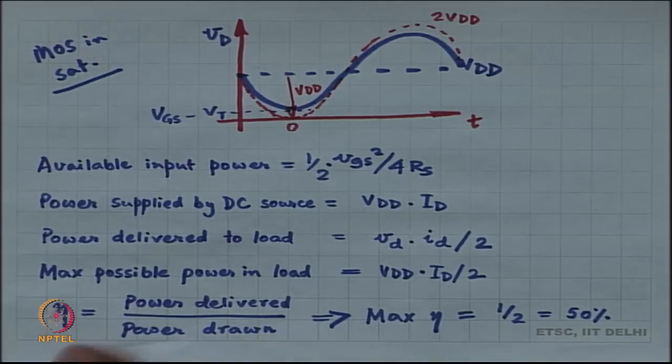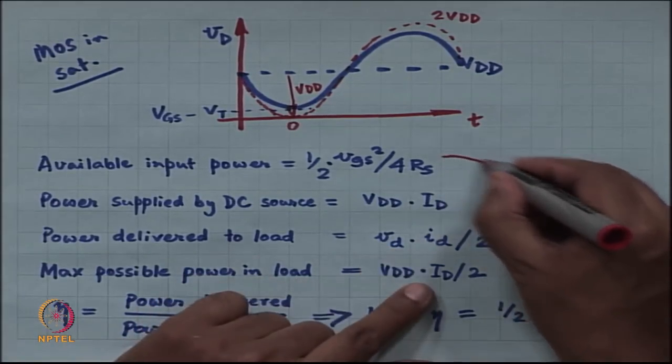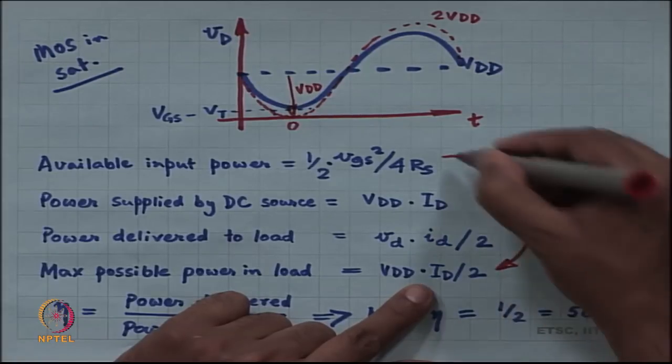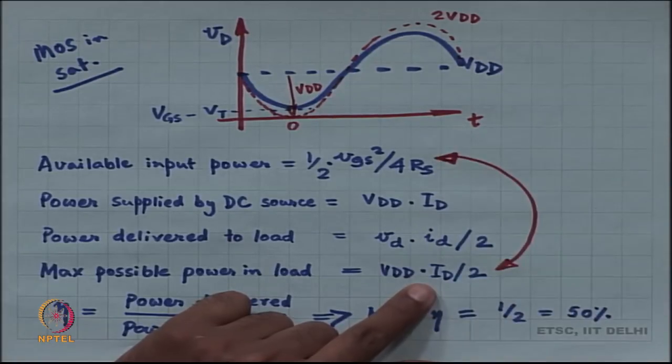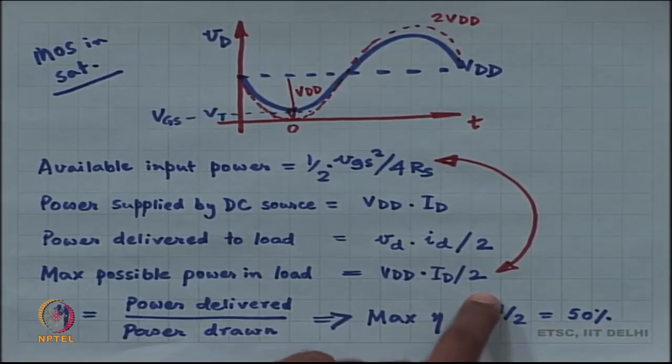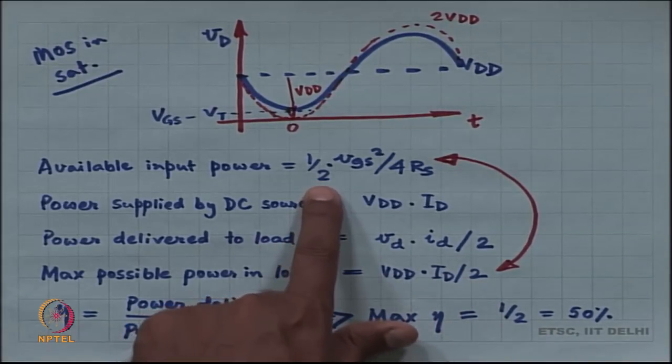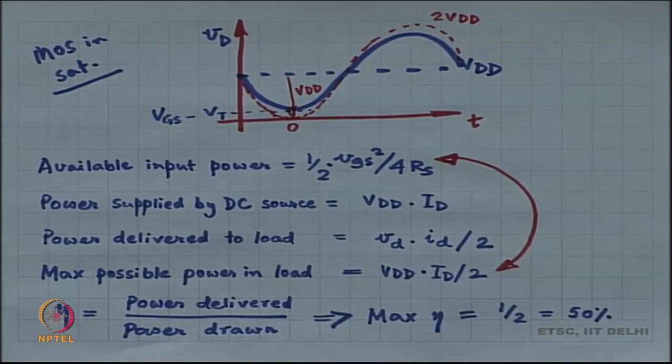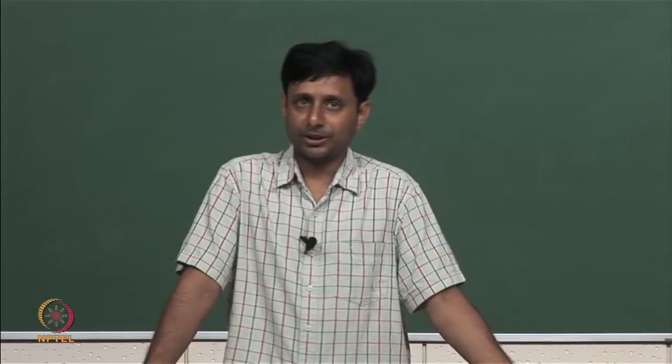This can be made to be significantly larger. VDD ID by 2 can be significantly larger than half VGS squared by 4 RS. All you have to do is have a weaker microphone. Okay. RS is larger, all right, smaller VGS.